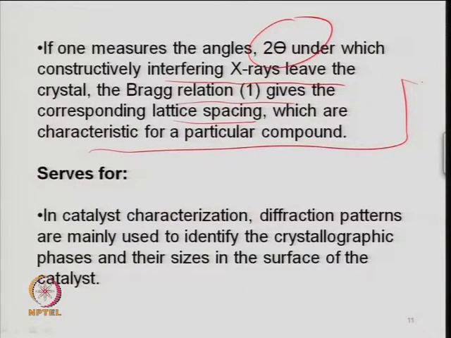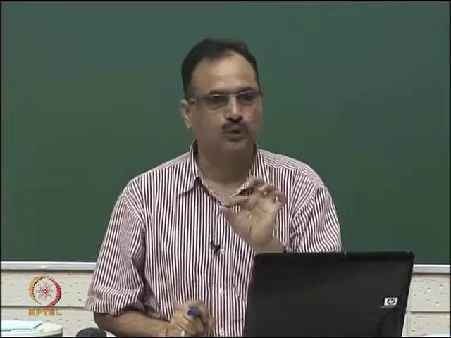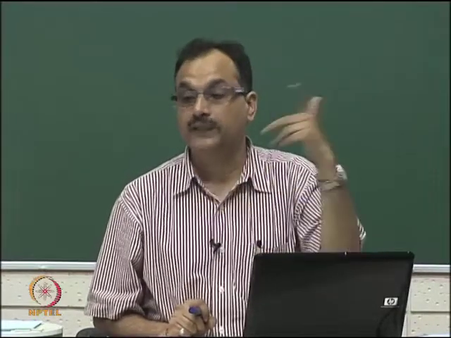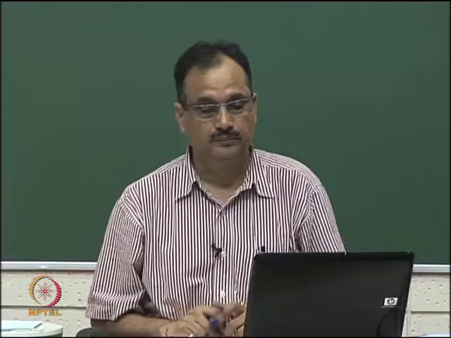If you know this lambda and this theta, then you can find the d value, and the d value is related to the material. These are nowadays available in software. JCPDS is one where you can find which kind of phase this d value, which is of the order of angstrom, belongs to.